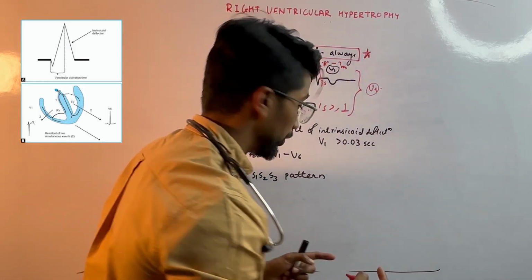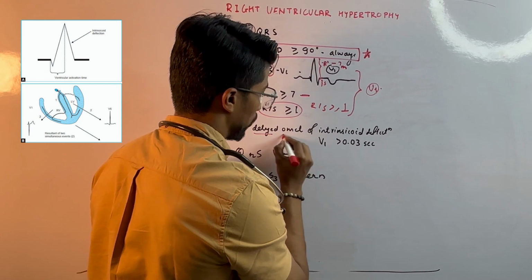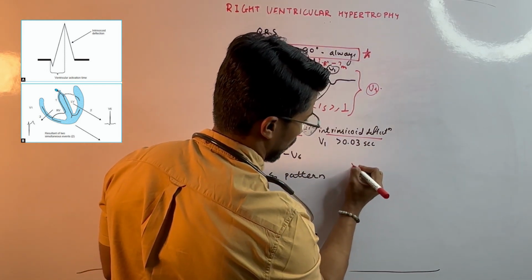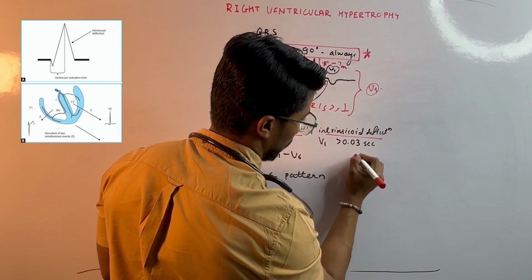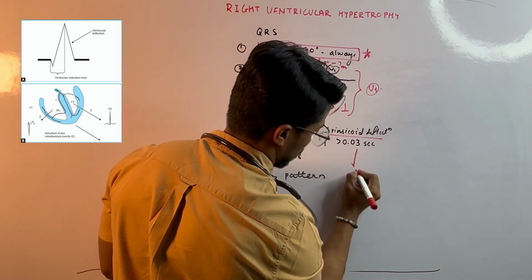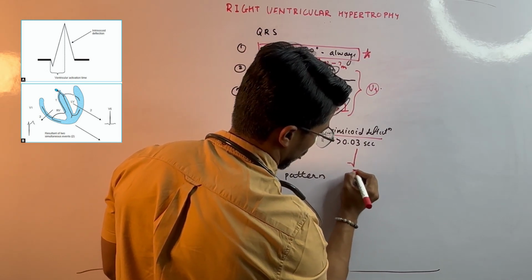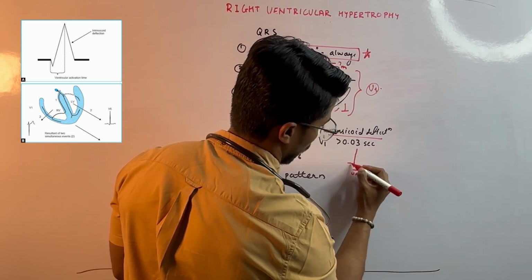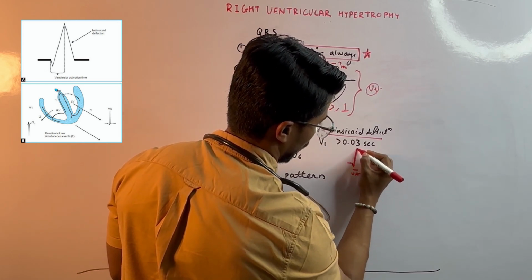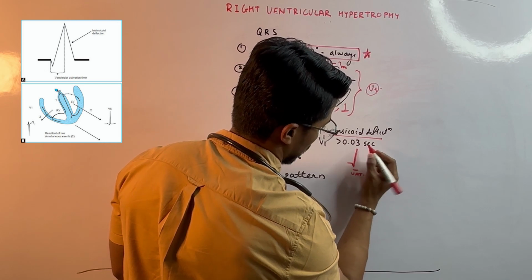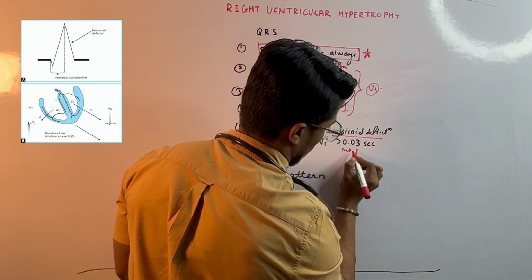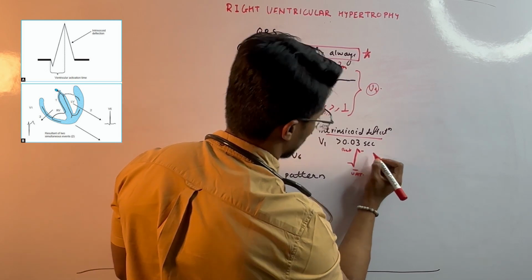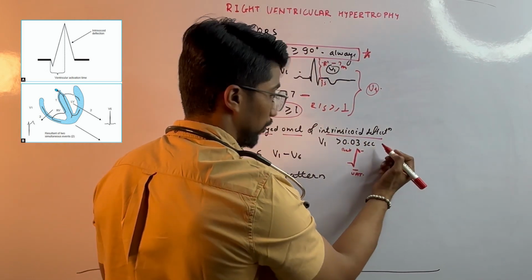In the LVH video, we talked about delayed onset of the intrinsicoid deflection, which is when the ventricles are depolarizing. This is from the Q wave. This is called ventricular activation time. So when the RV is depolarizing, let's say in the lead V1, and it reaches the peak, from the peak, whenever there's the first deflection, this is called the intrinsicoid deflection.